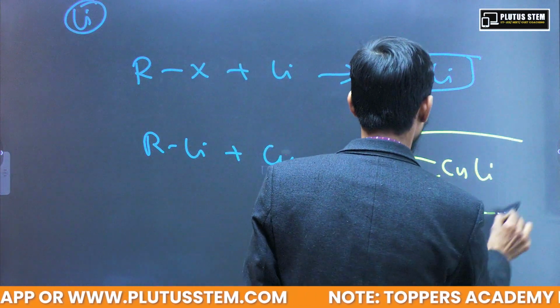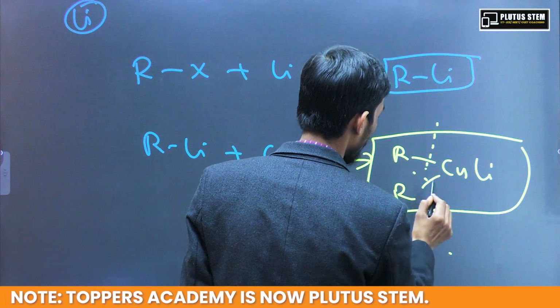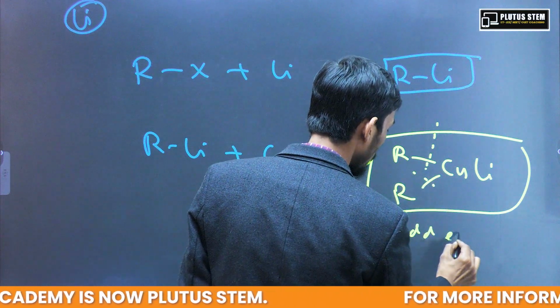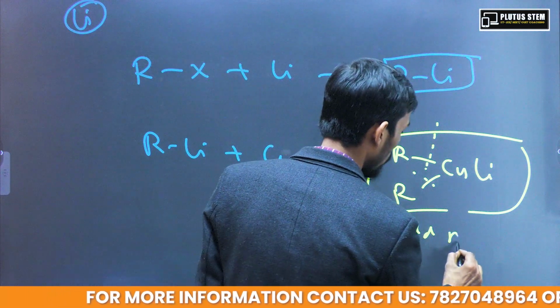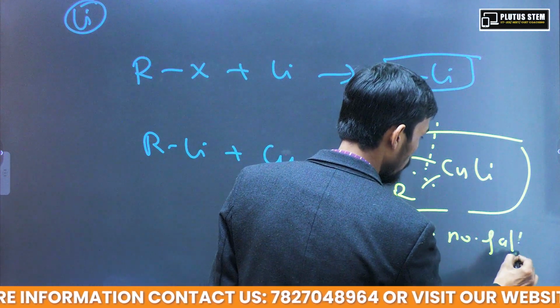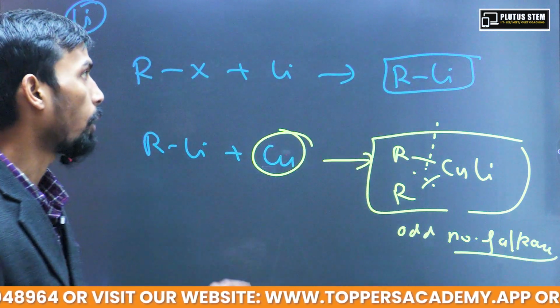This is the way. And now these reagents can help us by breaking down. They can form an odd number of alkane with the help of this copper.